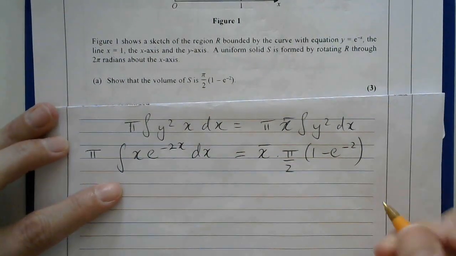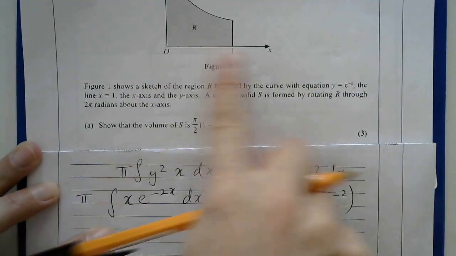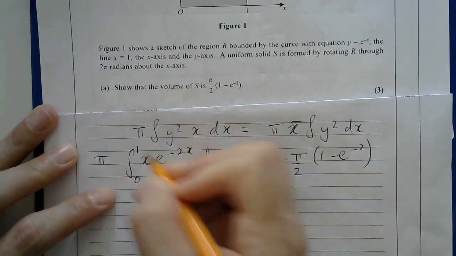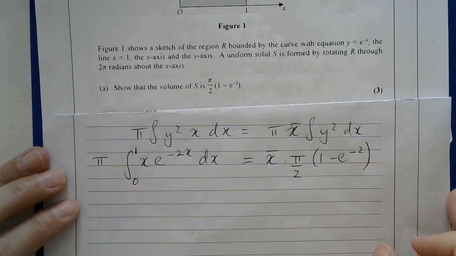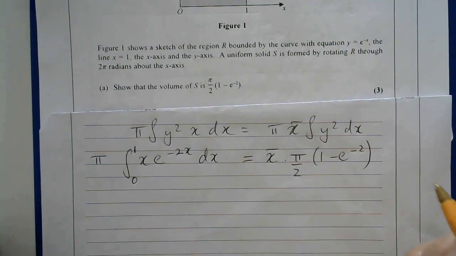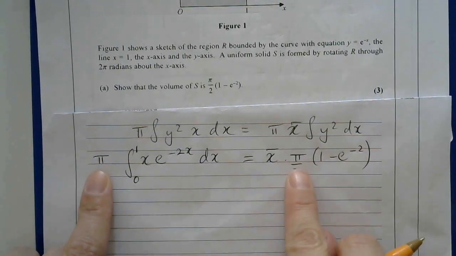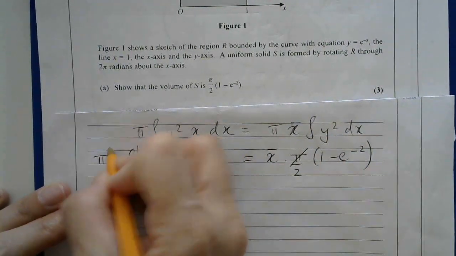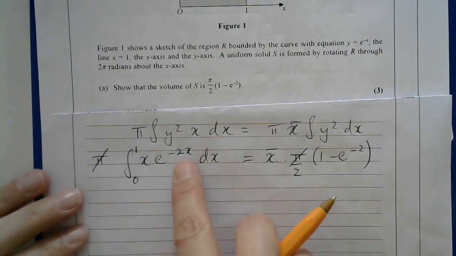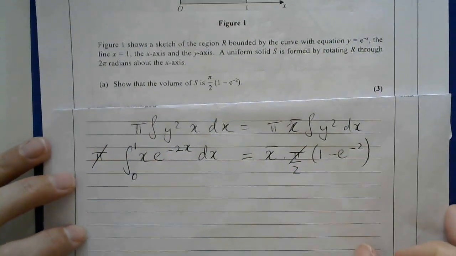And once again, I'm integrating from 0 to 1. Okay, so I can just tidy this up a little bit. I can see I've got pi on both sides, so I can cancel that already. And then I just need to do this integration on the left-hand side.